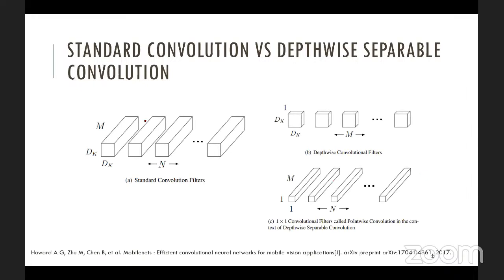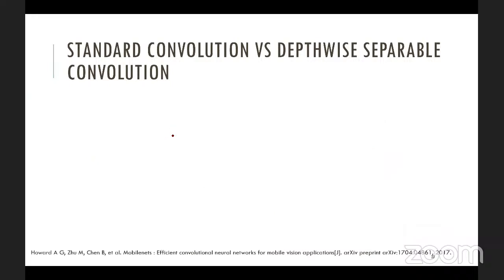So what happens in the convolution, this is standard convolution, we are going to have this entire thing in one go. But in the depth-wise, we break it, right? So we do it for each channel separately, and then we apply this 1x1 convolution, point-wise convolution, to get one output here. Now see how it affects.